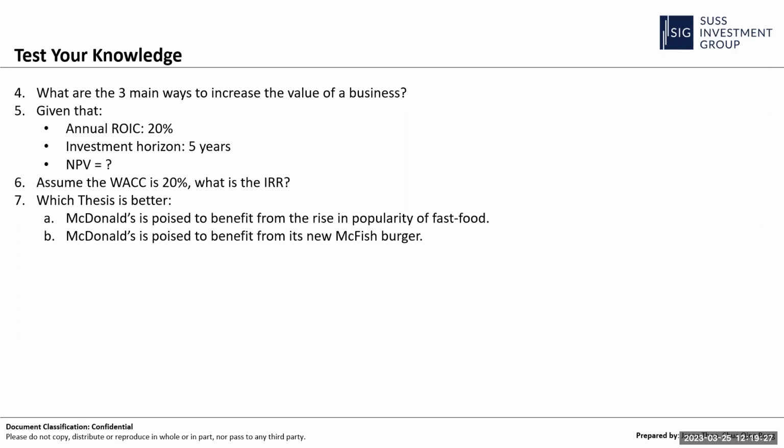For example, like McFish, you pinpoint it to this particular product release or whatever area of that fast food segment they are targeting. So that's what you should try to do to make a better thesis. Instead of saying fast food, because that applies to the entire industry, be more specific and point to a particular product or whatever action they are trying to implement.